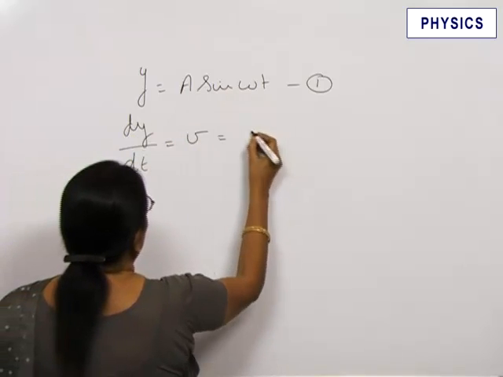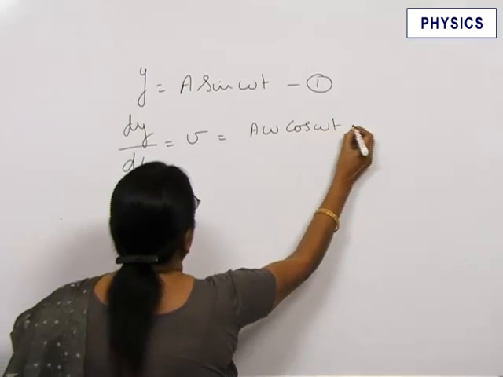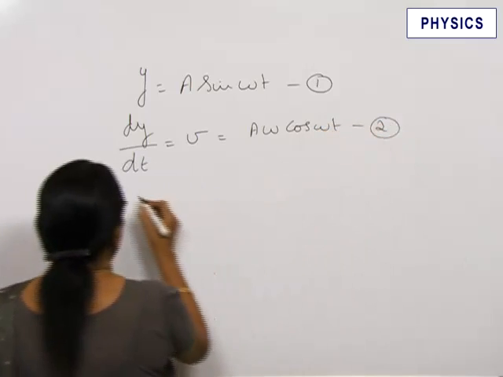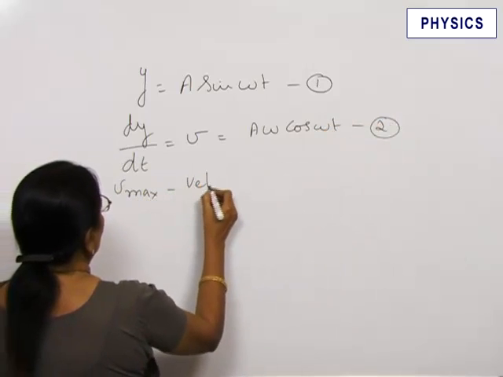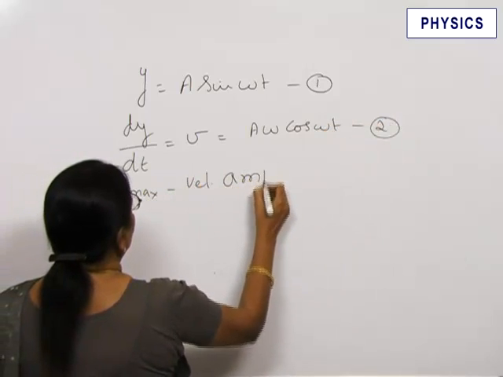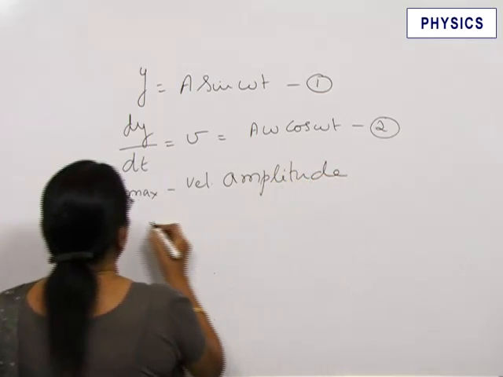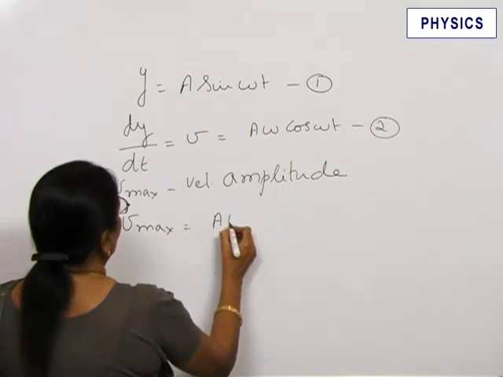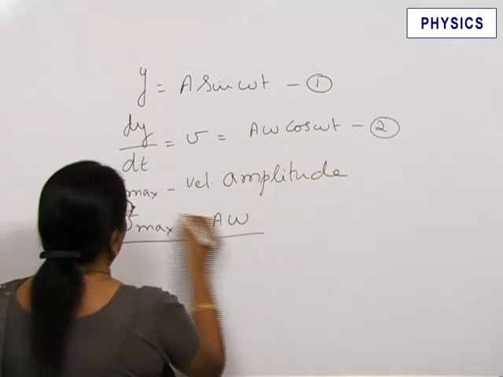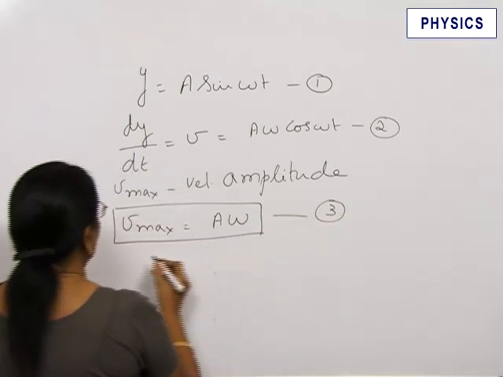So, differentiate here, you get A omega cos omega t. V maximum is called the velocity amplitude, and V maximum is equal to A omega.